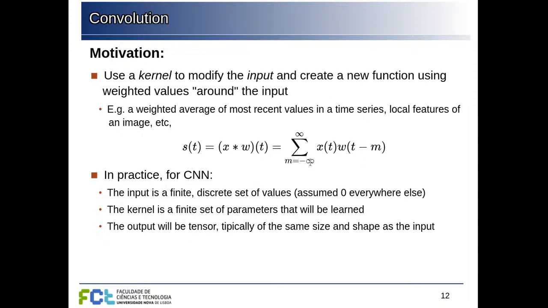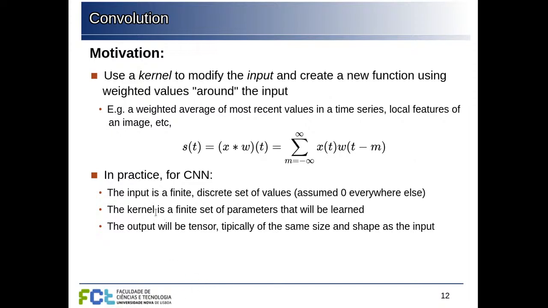In practice, we are not going to compute the sum from minus infinity to infinity, because we have a finite number of parameters in our kernel. This is just the same as assuming that all the other infinite weights are 0, and we can focus on the ones that are not 0. So we can have a small kernel that only looks at a small window, assuming that everywhere else it's 0.